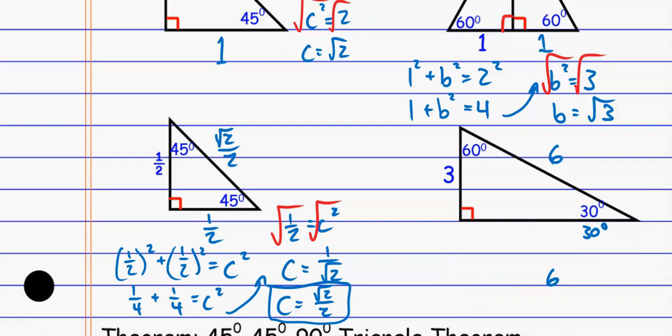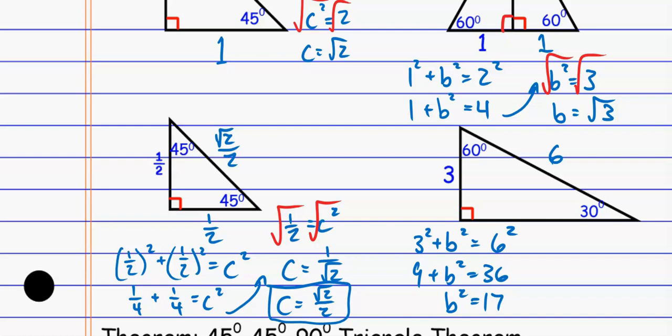So I don't need this second triangle anymore now that I've established that 6. Now I can do the Pythagorean theorem. Once again, that's going to be a squared plus b squared equals c squared. Again, make sure you have the hypotenuse in the right place here. I subtract the 9 from each side, and I take the square root.